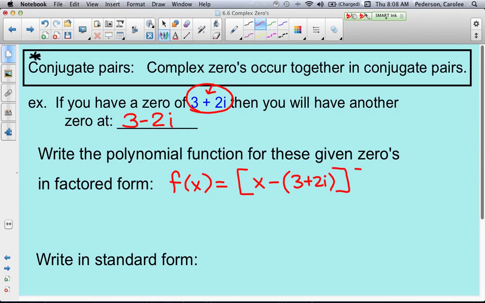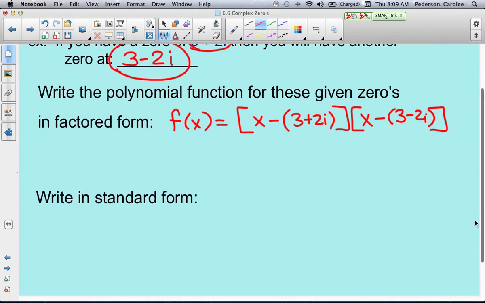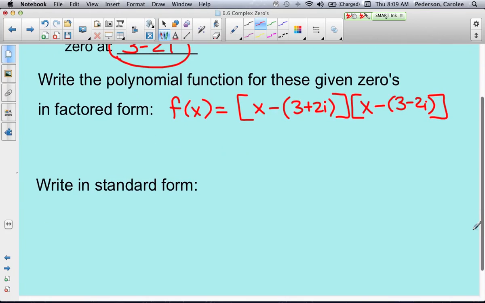I'm going to make another bracket here. And then I think opposite. So 3 minus 2i is the other 0. So remember, it's always x and then minus 3 minus 2i. That question now is in factored form. We want to convert it to standard form.